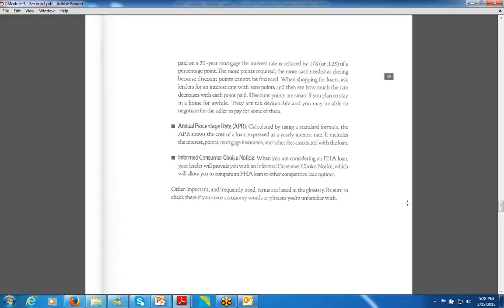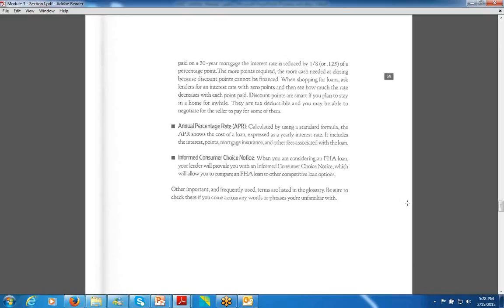And so what the APR does is it takes all the fees associated with the loan and treats them as if they were prepaid interest and says, what would the interest rate be if all those fees were loans? So in theory, the APR allows you to do an apples to apples comparison of loans.